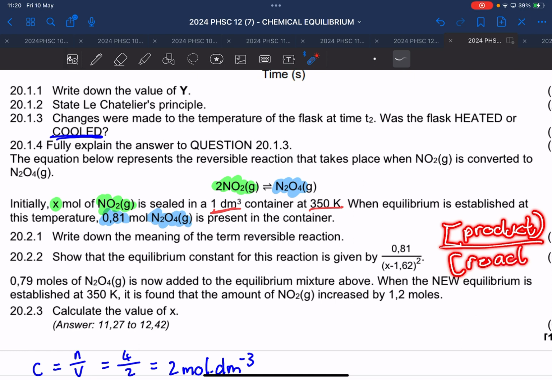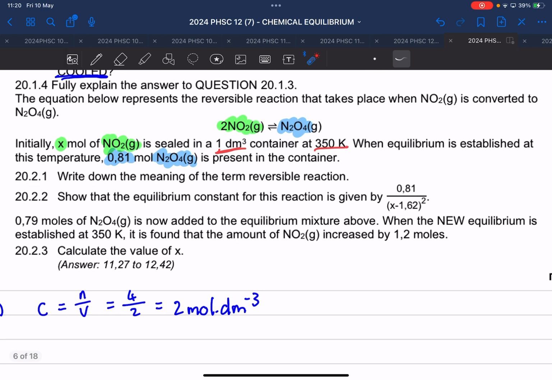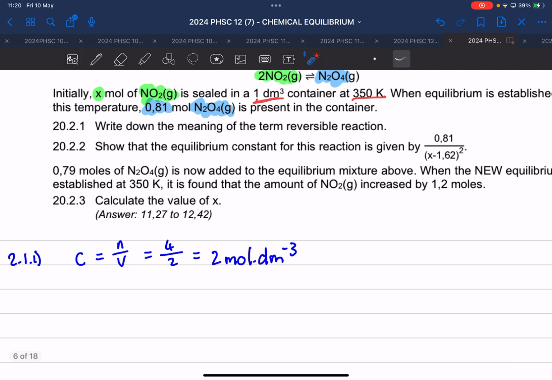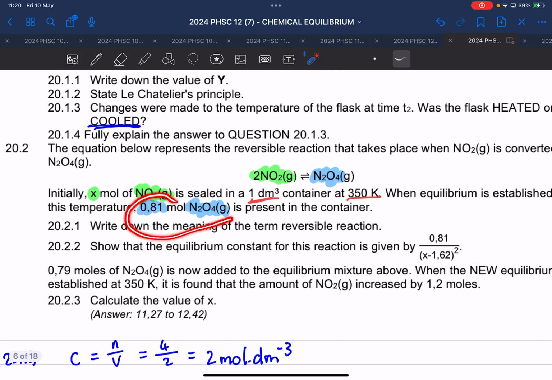Now, how are we going to get the concentration? By substituting the mole over the volume of 1 decimeter. So first of all, our concentration is mole over volume. We have been given the mole of our product, and we have the volume, so our mole is just going to be the same as our concentration, right? Because we divide by 1.